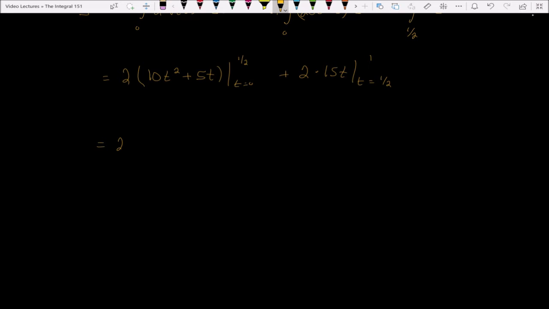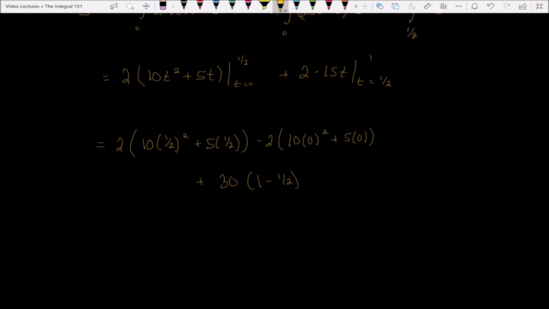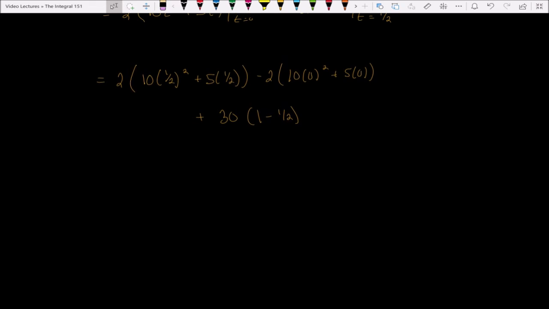Evaluating that first, we get 2 times 10 times a half squared plus 5 times a half, then minus 2 times 10 times 0 squared plus 5 times 0. Now we want to add for that second one. Right, 2 times 15 is 30. Then we just have 1 minus a half. This will be 2 times 5 halves plus 5 halves.